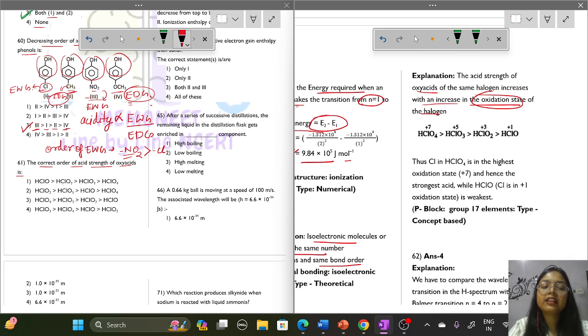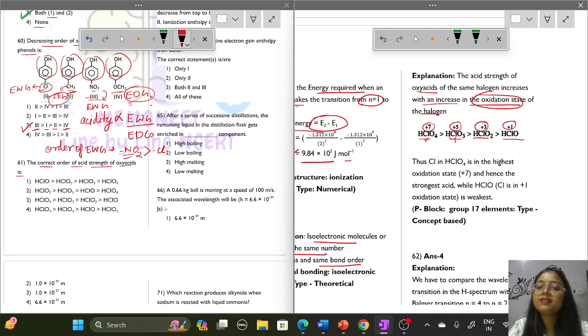Okay, so let's find out the oxidation state of the halogens first. In HClO4, the chlorine atom has the oxidation state of +7. In HClO3, the chlorine atom has an oxidation state of +5. In HClO2, +3, and in HClO, +1.